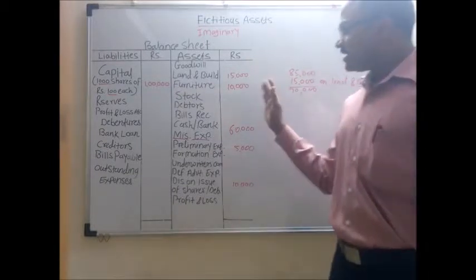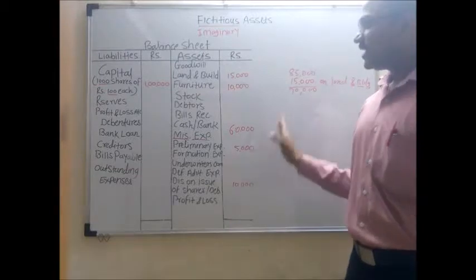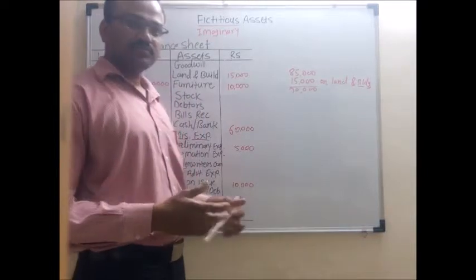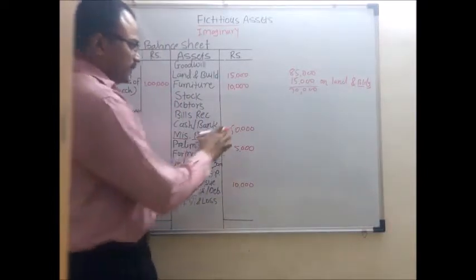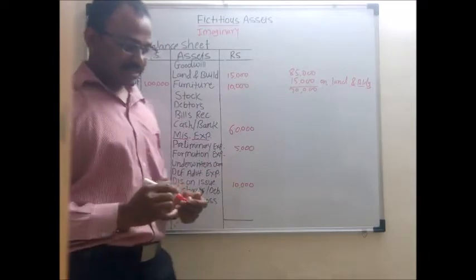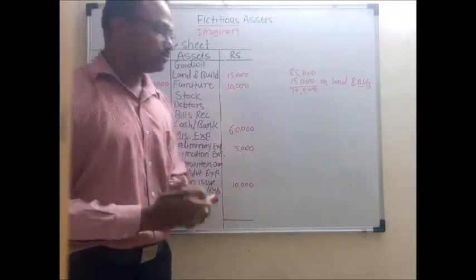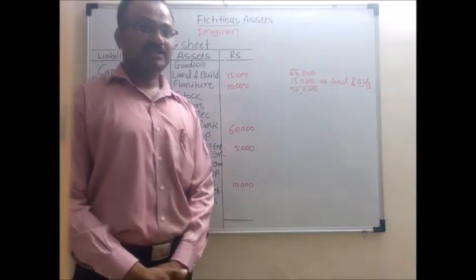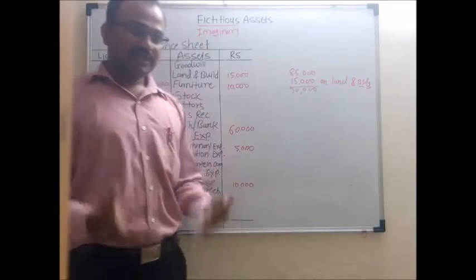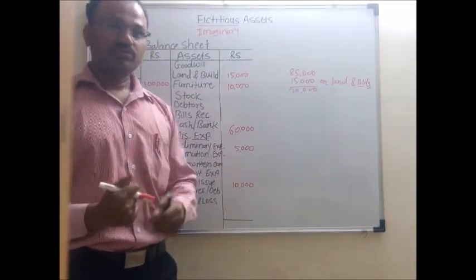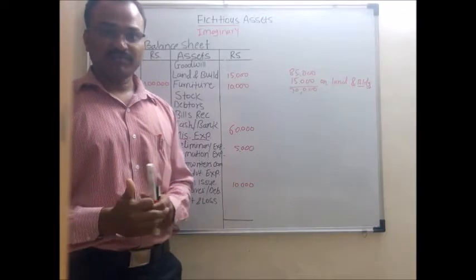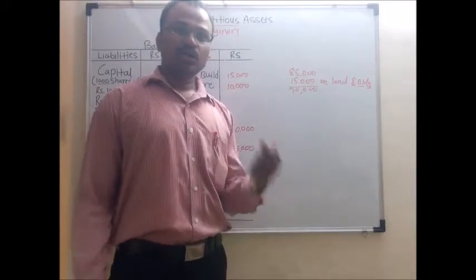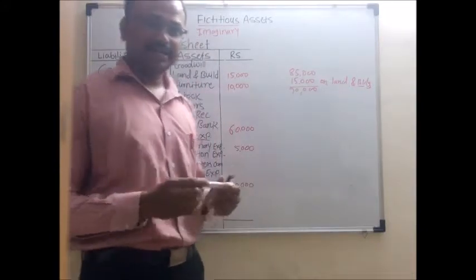Now this is the present position of the business, and now my business wants to purchase some raw materials. As my business has been established, I want to purchase raw material on credit from the market. What will happen if I purchase the goods or material on credit from the market? Let us assume that we have purchased goods worth rupees 50,000 on credit in the market.